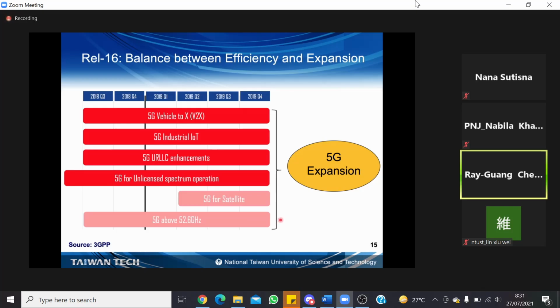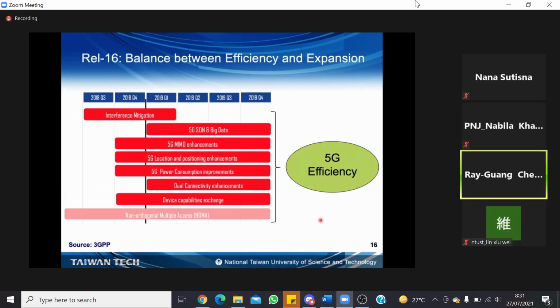To further increase the data rate, they need to go to higher bandwidth. So they also consider above 52 gigahertz band. For efficiency, they try to do interference mitigation, to reduce the interference among the base stations. They try to use big data to do SON, self-organized network. They also try to do enhancement of 5G.